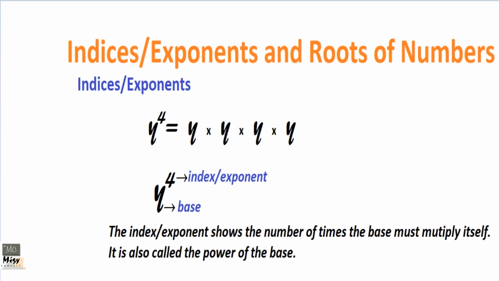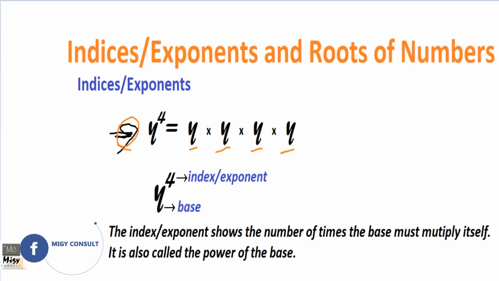As we can see here, y raised to the power 4, or y exponent 4, is the same as y times y times y times y. It means that y multiplies itself 4 times based on the power that it is carrying.